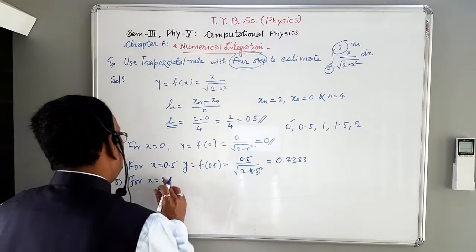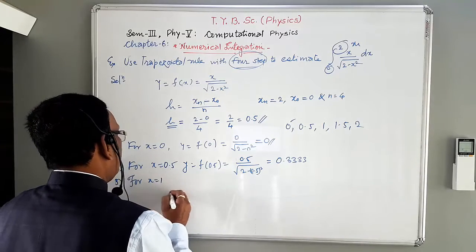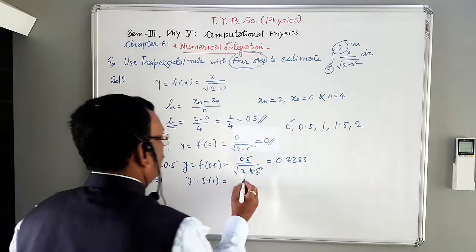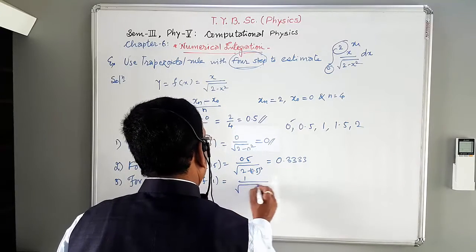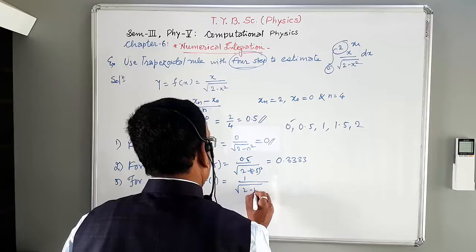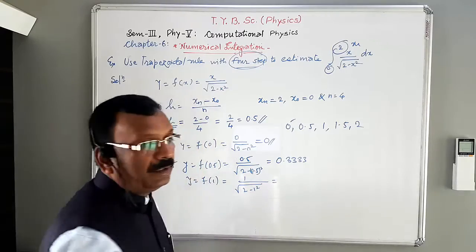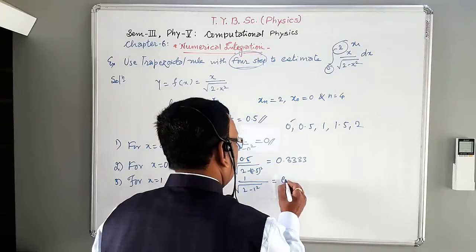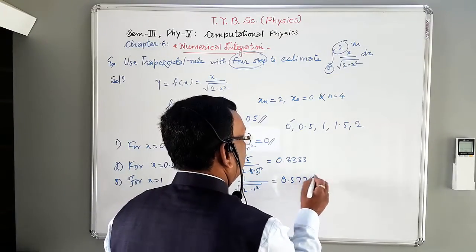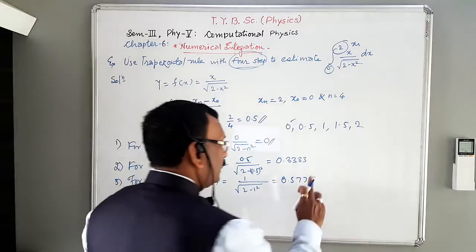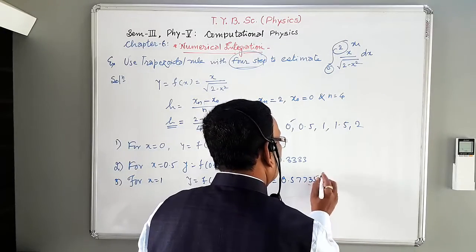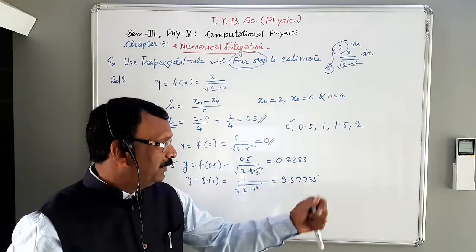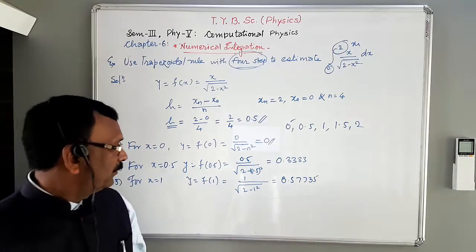Now, when we consider x is equal to 1, then y is equal to f of 1 is equal to 1 upon under root 2 minus 1 square. Solve this, we get 0.57735. We can consider 5 significant digits after the decimal point.